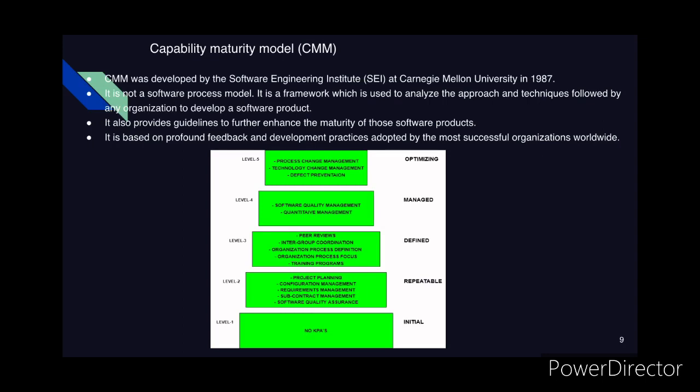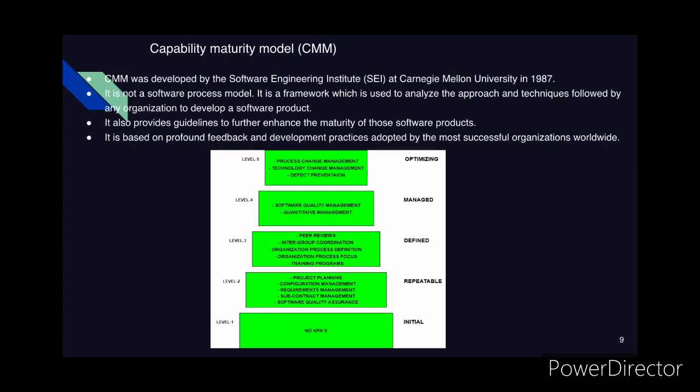Now in peer reviews, any defects in the software are removed by using a number of review methods, like walkthroughs, inspections, buddy checks, etc. Buddy checks means the reviews are taken from the team members within one team itself. And second is intergroup coordination.